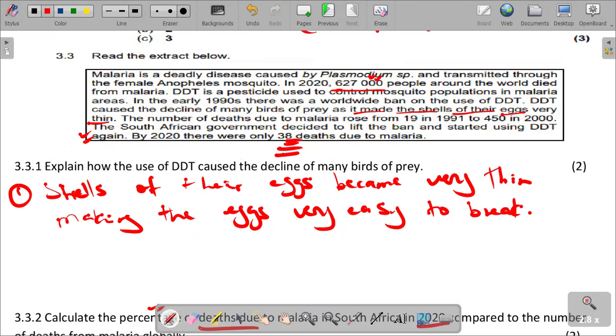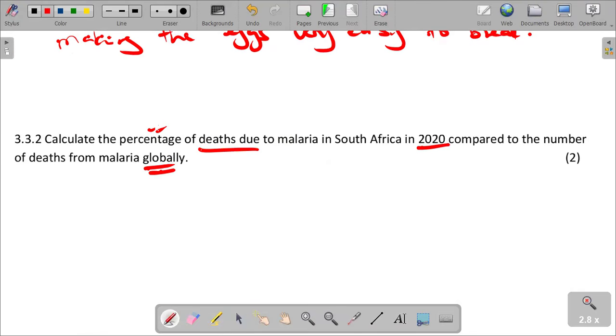38 deaths. So in order to calculate the percentage, it equals 38 divided by 627,000, multiplied by 100 because we want to calculate a percentage.